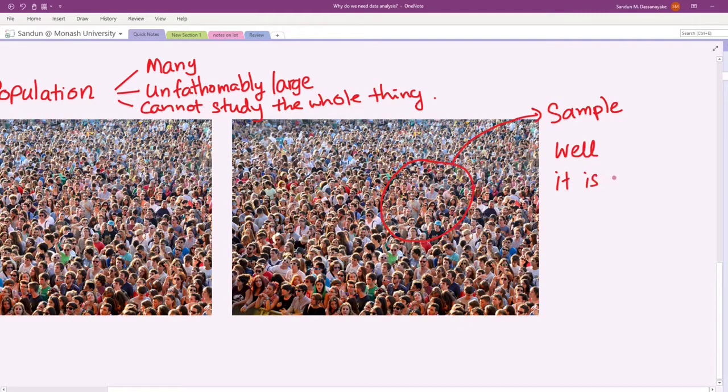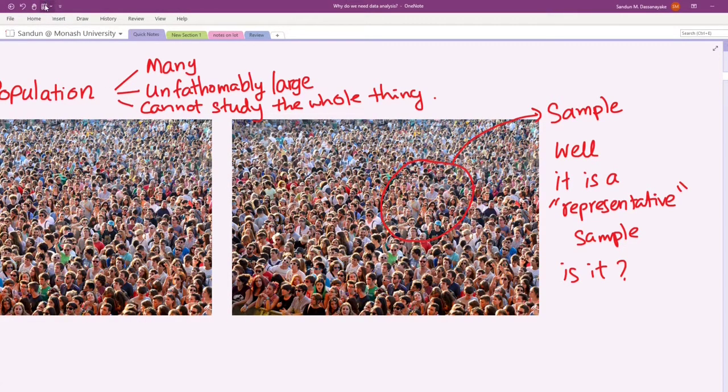There is a question when you do something like that. Is the sample representative enough? Is it really representing the population? It's a valid question because you can take a sample from anywhere. For instance, if you look at this population, you can find a number of people: nurses, doctors, students.